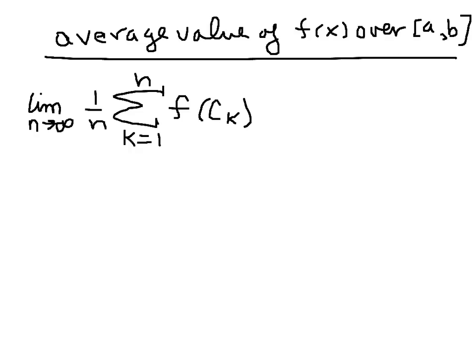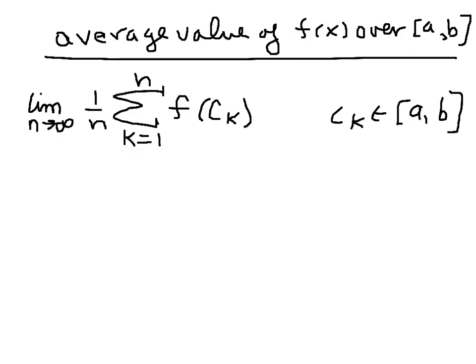And these are c sub k's that are in the interval a to b. So once again we see, as it's popped up so many times, this concept of a limit. So really what we're doing here is adding an infinite number of these values of the function, and we're dividing by 1 over n as n goes to infinity. So it's similar to adding up a bunch of values and dividing by the number of them, except here we're letting that number go to infinity.